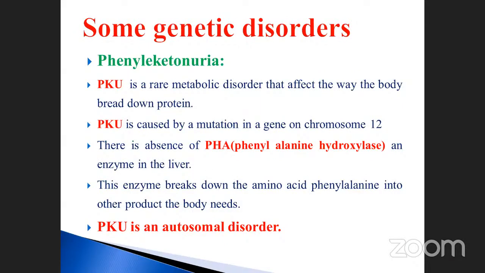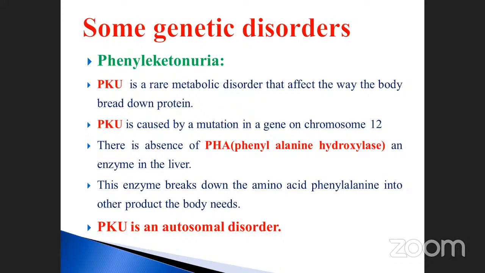Some genetic disorders. What are the genetic disorders present in it? Already we studied so many times, again and again repeated in your book with the examples. Phenylketonuria is very, very important. Phenylketonuria is a rare metabolic disorder that affects the way the body breaks down protein molecules.